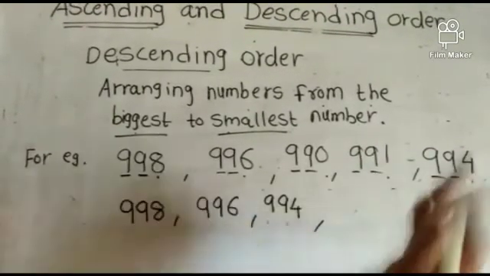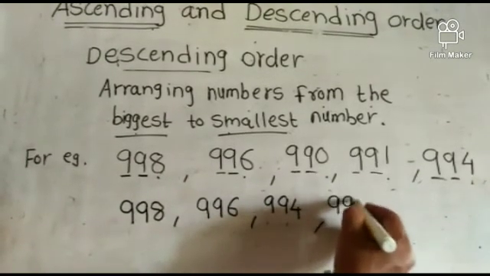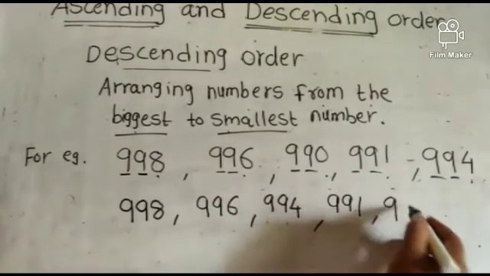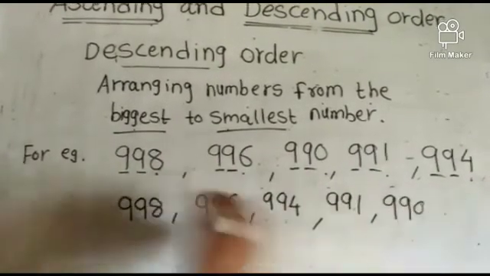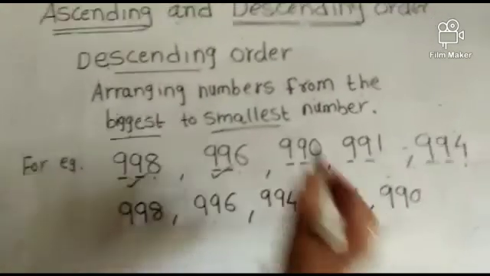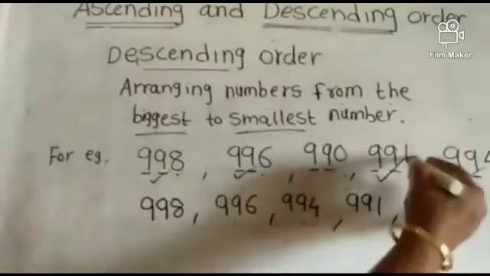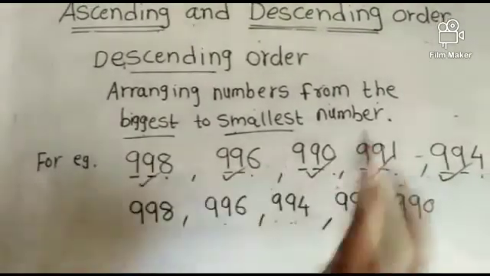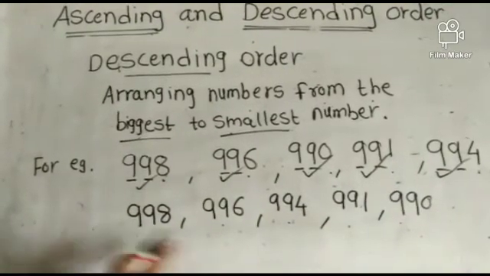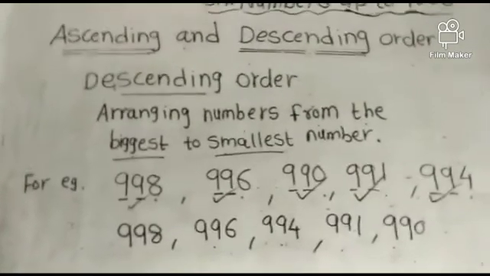Then this 1 ones, 991. And here this number will come 990. We wrote 998, 996, 994, 991, 990. This is the descending order. We arrange these numbers from biggest to smallest.